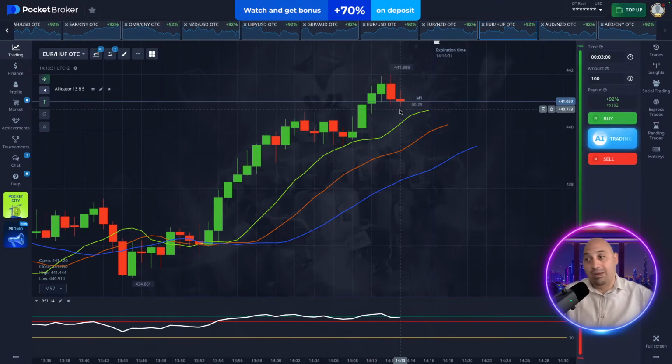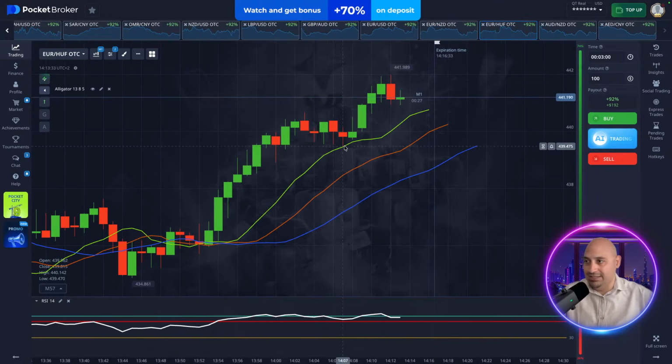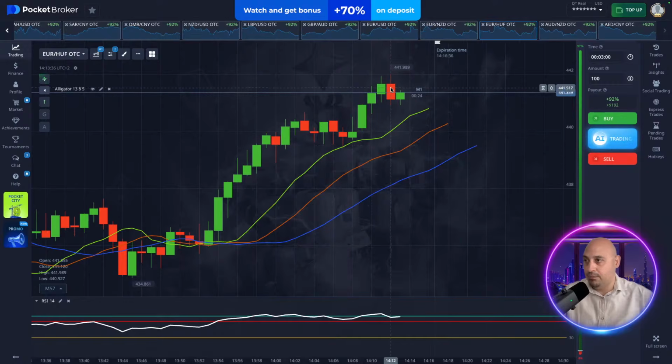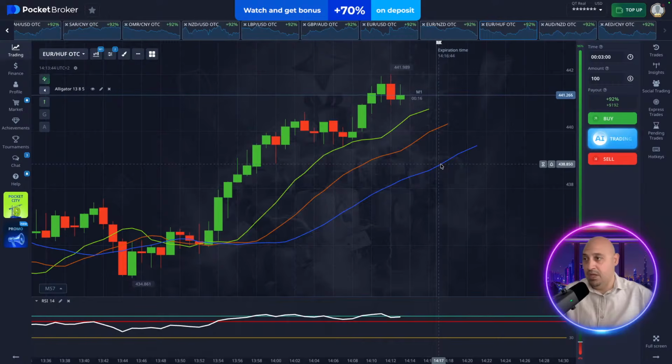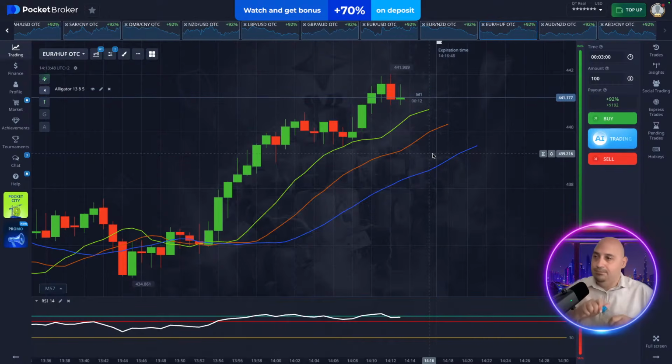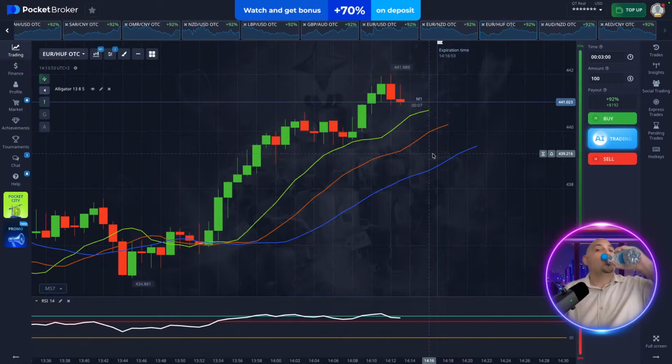Should we take or place a trade? Because we did see a test over here, then to the upside. So it means it respected our first moving average, which is the quickest one, then the medium one, then the slowest one. So what do you guys think? Should I stay on this or keep looking?